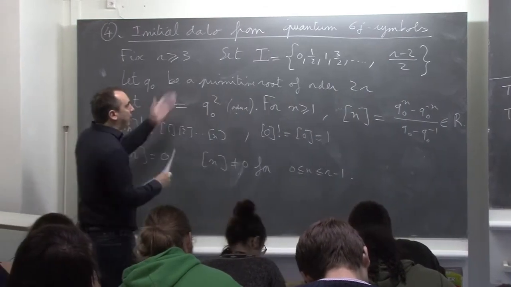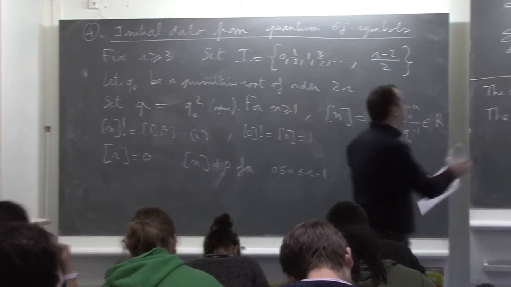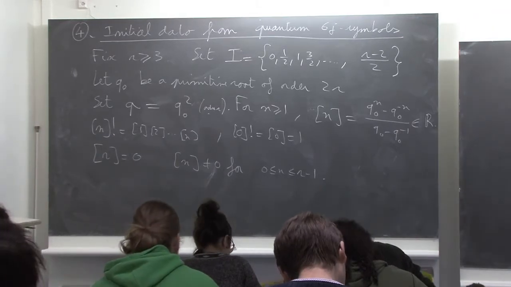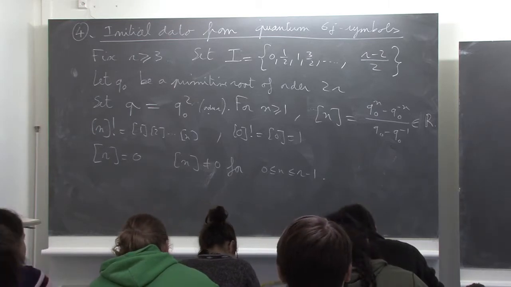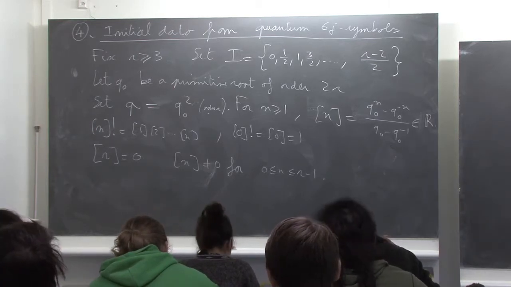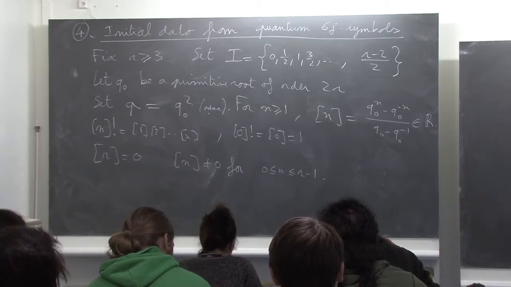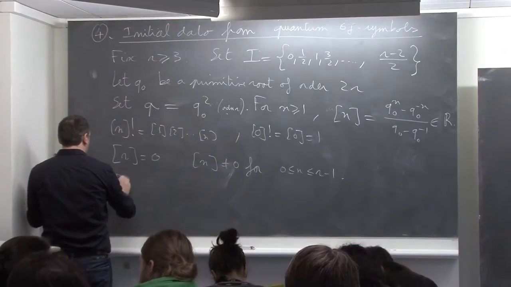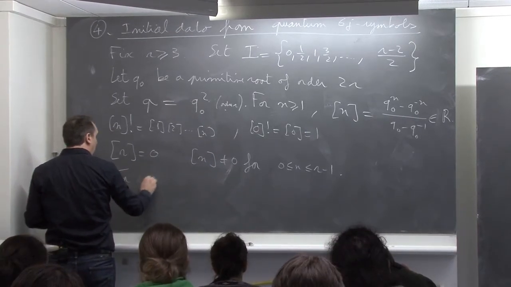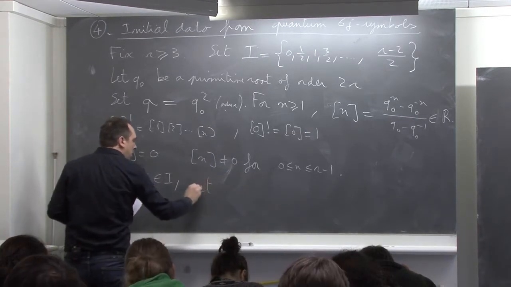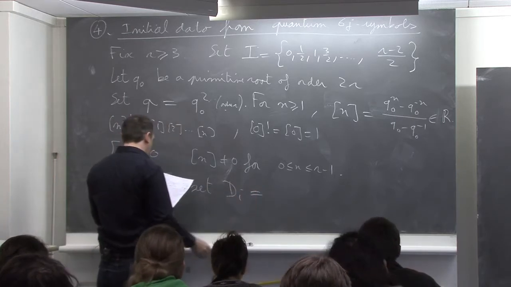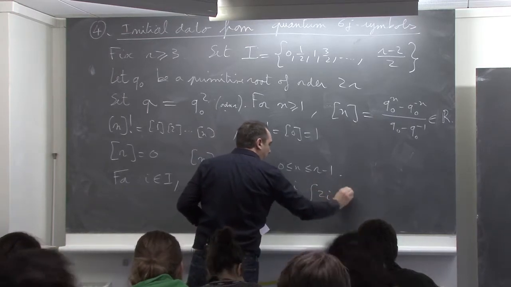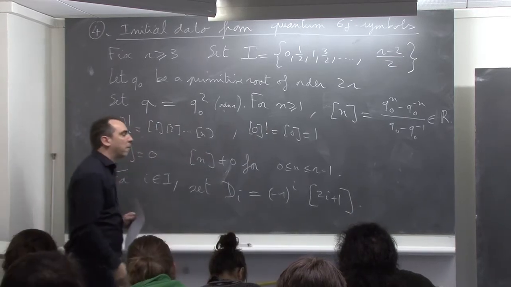Okay, so we have a finite set I, and we need the number, for i in I, the quantum dimension of i is the quantum integer of 2i plus 1. So we have this number.